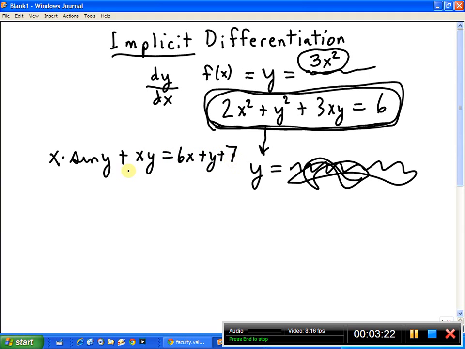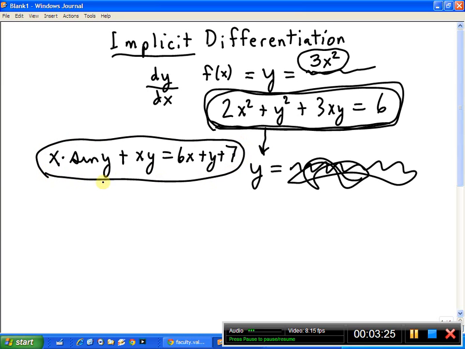And see, here, I don't care what you do, there's no way that a human being is going to be able to take that y and that y and that y and untangle them to the point where you could get something like this. There's no formula. There's no way that you can solve this type of equation for y. And yet, because of this equation, in theory, somebody could solve for y, at least in theory.